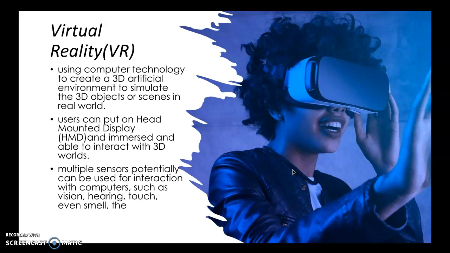So what is virtual reality? It's really using computer technology to create a 3D scene or 3D objects so the user can manipulate, examine, and navigate the 3D scene like we are in the real world, because in the real world we are in a 3D world.